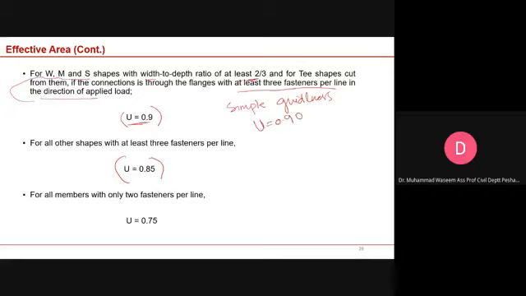For all other shapes with 3 fasteners, you should use U = 0.85. If only 2 fasteners are there, then you have to use U = 0.75.